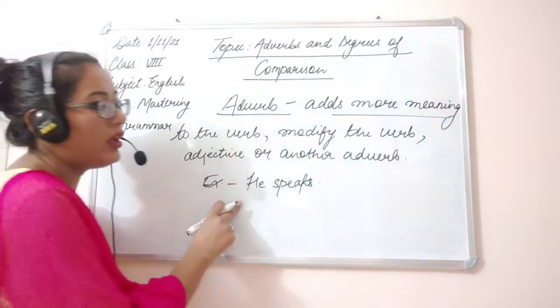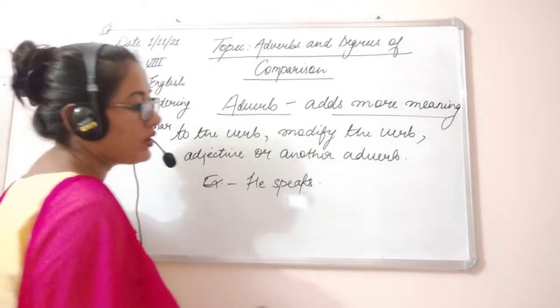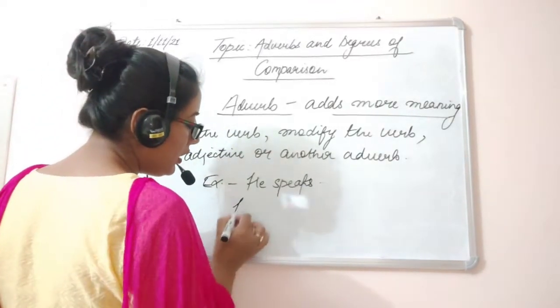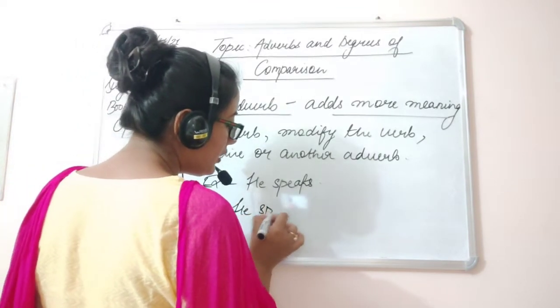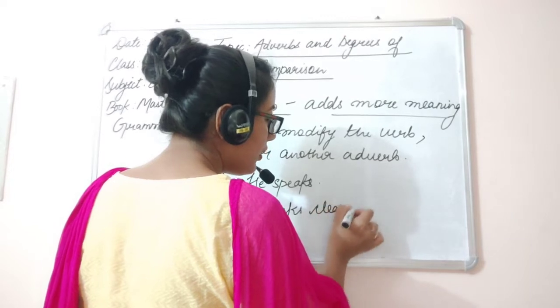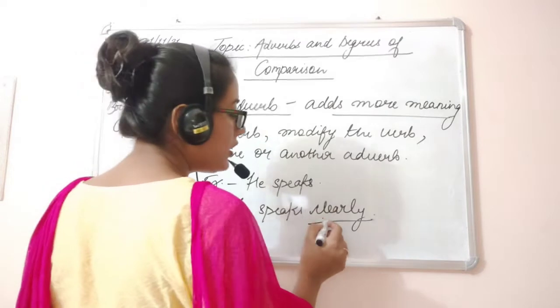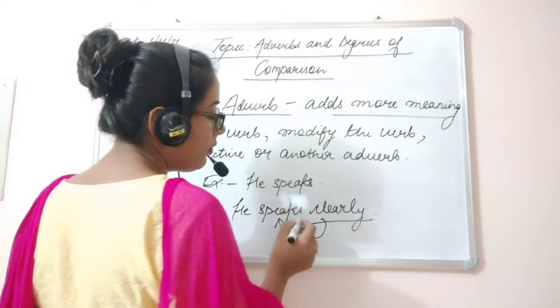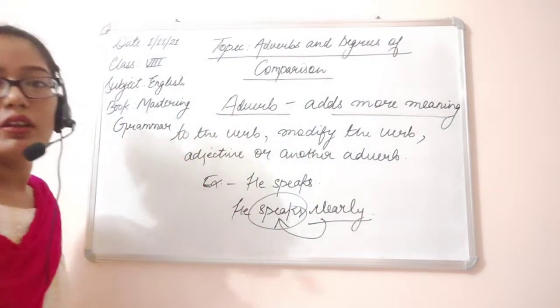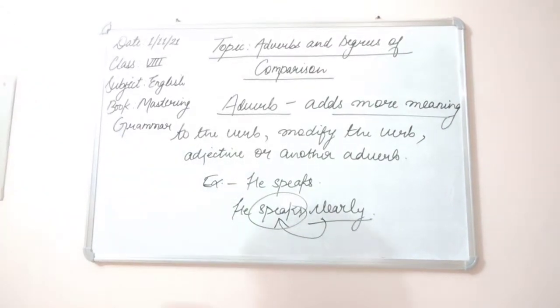This is one general thing that we are saying that he speaks, you speak, she speaks. But when you say he speaks clearly, this clearly becomes an adverb because it is modifying the verb speak. I hope it is clear to all of you.